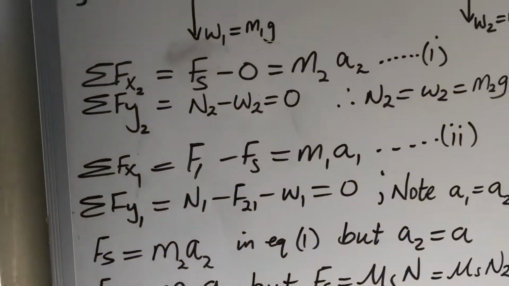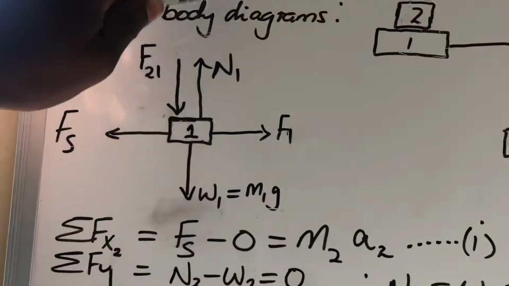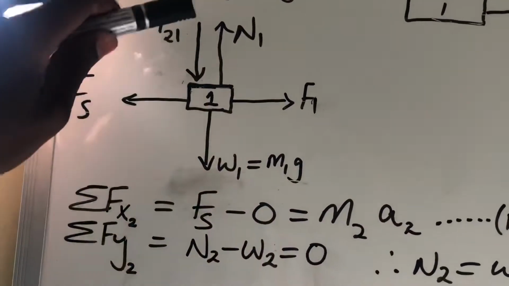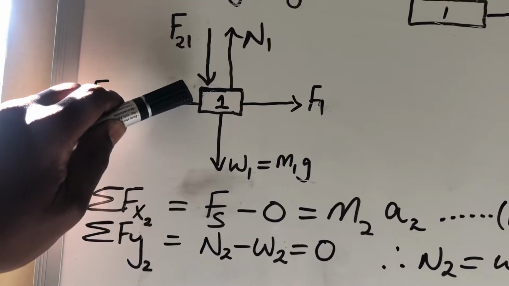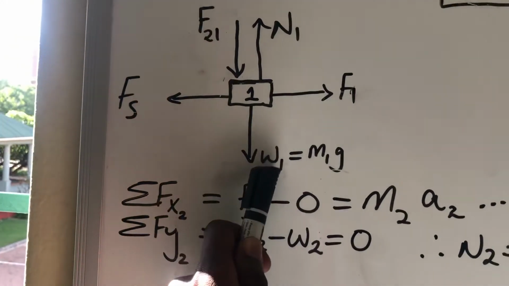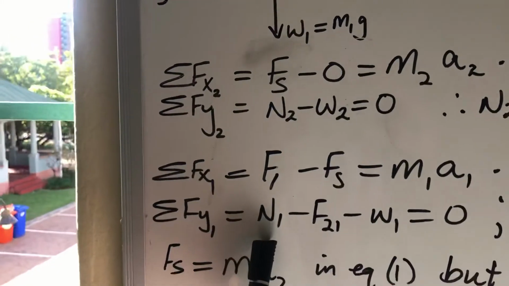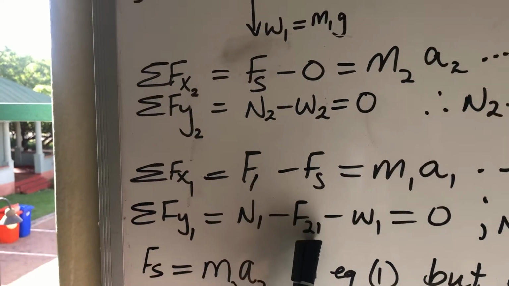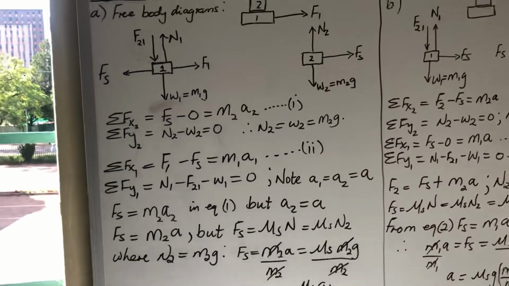And then the summation of all the forces that are acting in y, you have got your N1 that is going up, minus the force applied by block number 2 on block number 1, which is pointing down, minus as well the weight of block 1. So that's why you see me having N1 minus F21 minus W1 is equal to 0, like that.